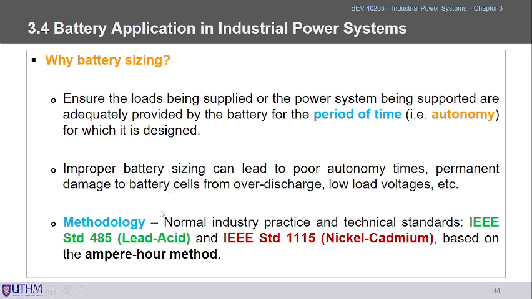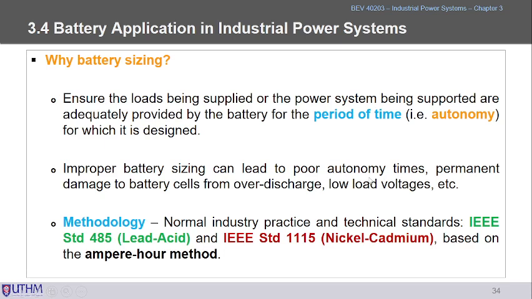So this one is most probably due to the overload conditions, from the over discharge. And sometimes you will have low voltage at your load sites if you don't have proper battery sizing. All in all, an improper size of the battery will give you a lot of problems, right?